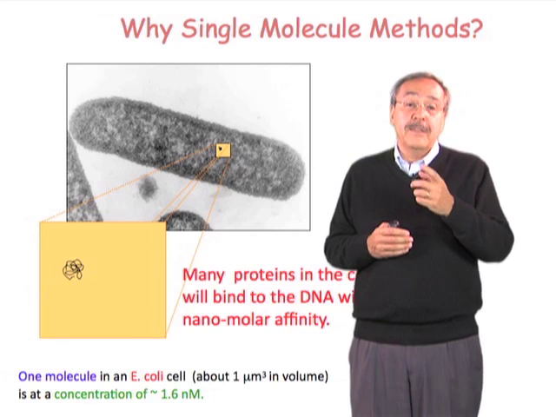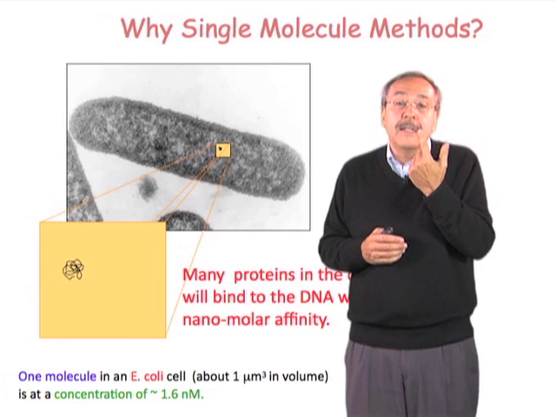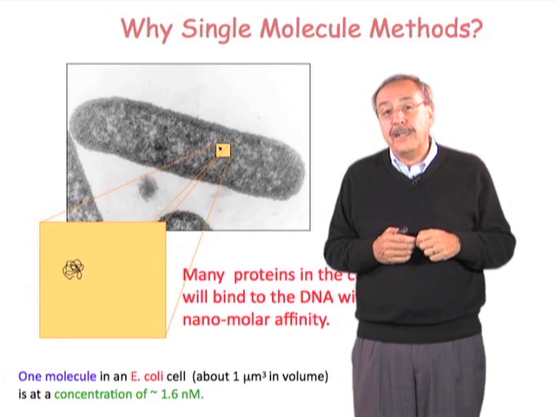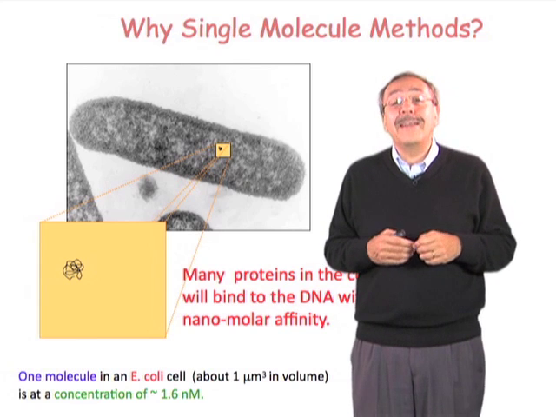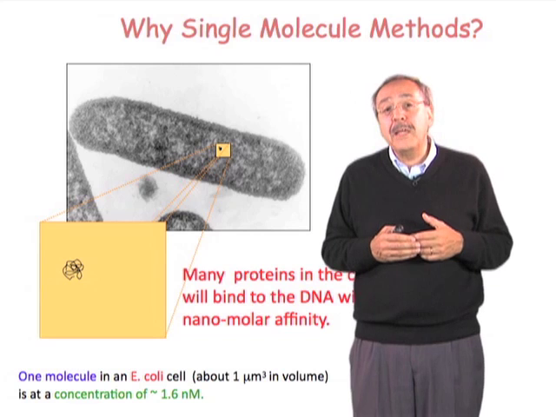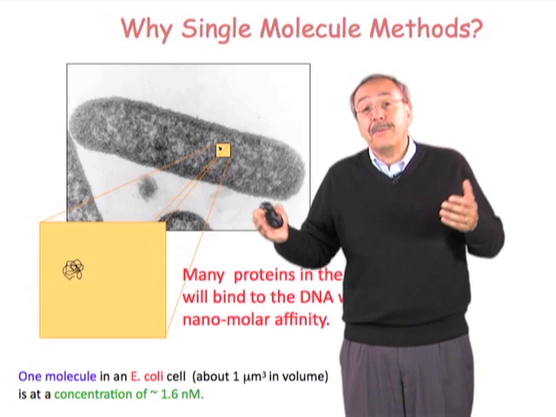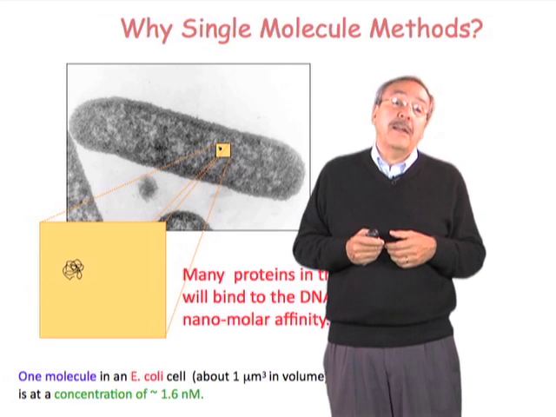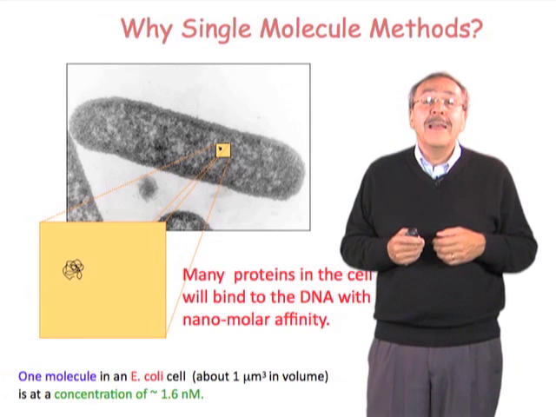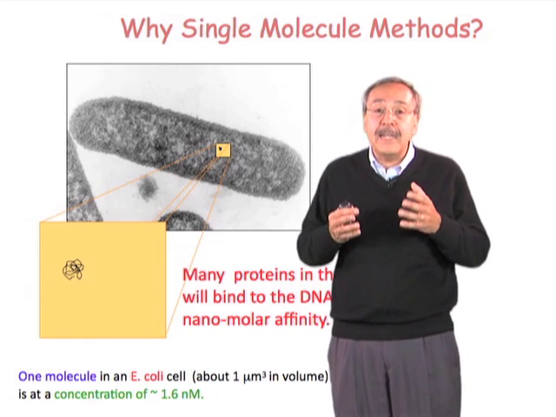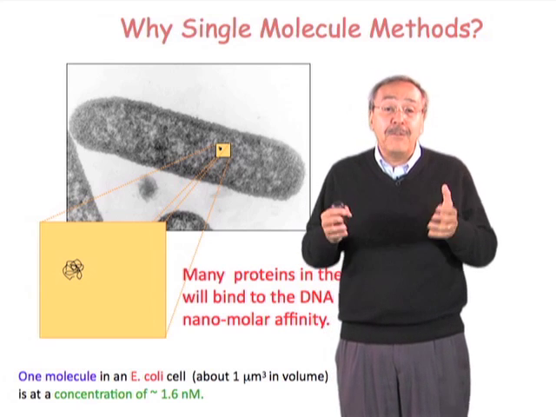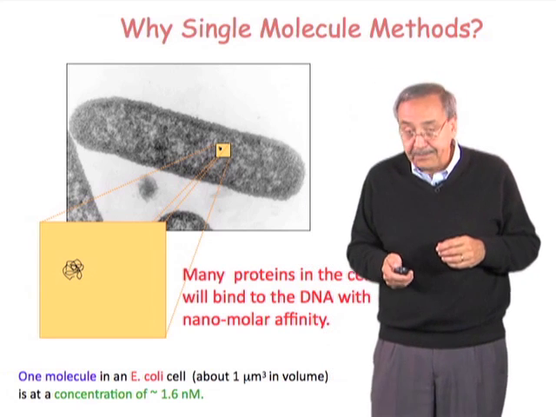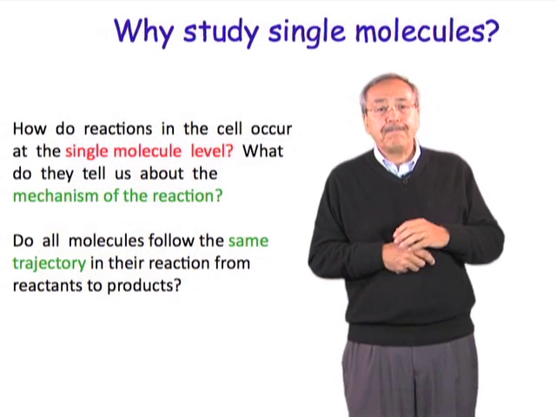Therefore, the presence of one single molecule of that protein in the cell, giving a concentration of 1.6 nanomolar, ensures that that protein will be 90 or 99% of the time bound to its target site in DNA. In other words, reactions in the cell, because of the tiny volume of the cell, can occur when the molecules are present at very, very small numbers.